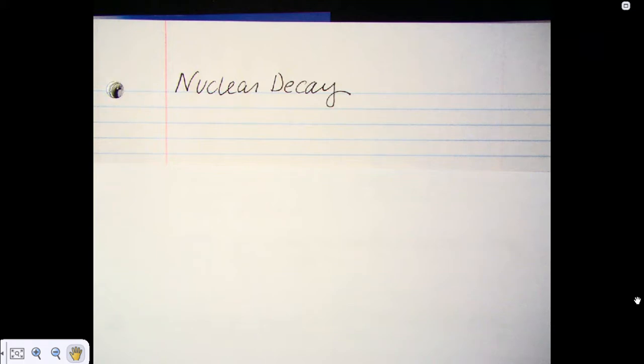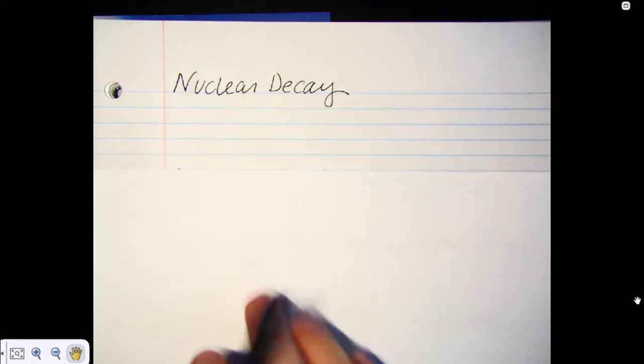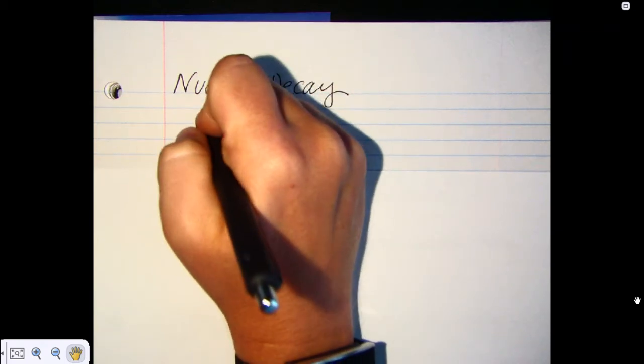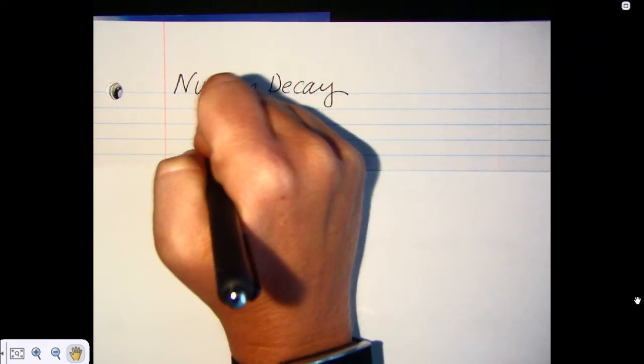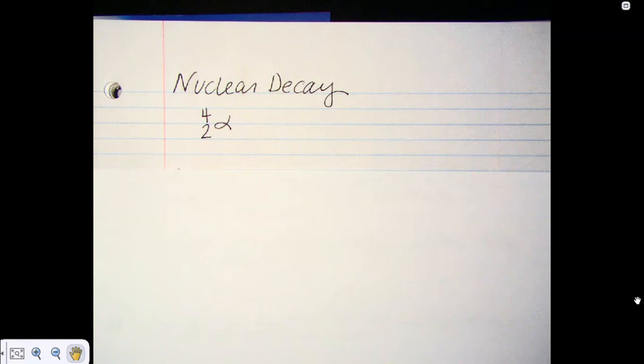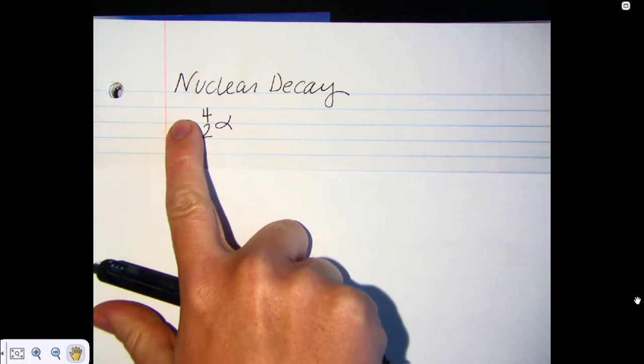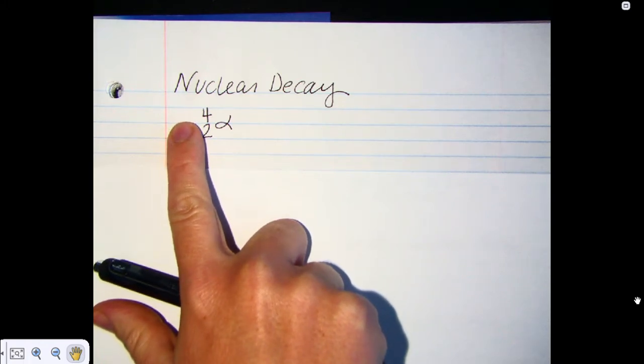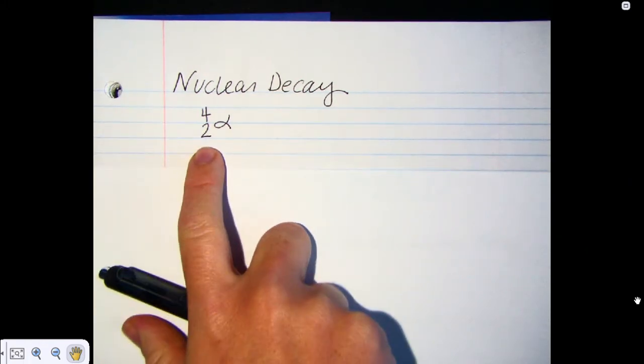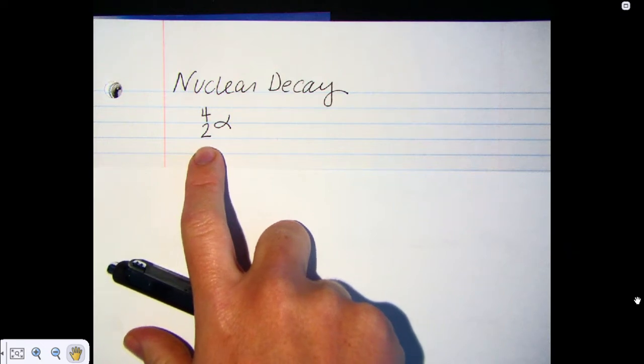There are three different types of decay particles that we're going to discuss. The first one is an alpha particle. An alpha particle is represented by a nucleus that has a mass number of 4 and a Z number of protons of 2.